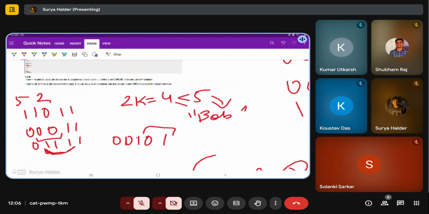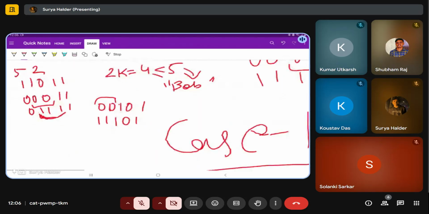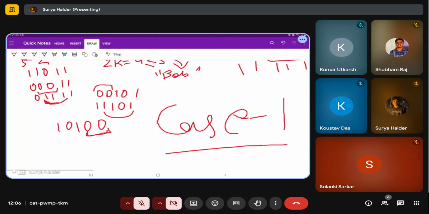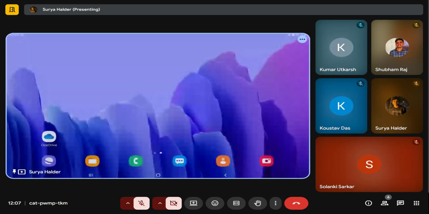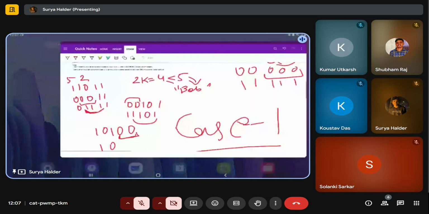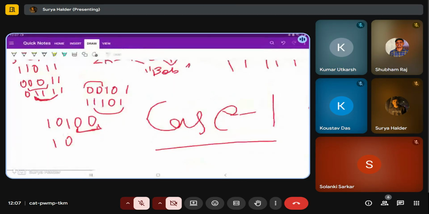Still Bob can convert these two zeros to ones. So 1, 1, 1, 0, 1. After that, Alice will again choose, suppose, these two ones, then 1, 0, 1, 0, 0. Now again Bob has two contiguous zeros that can be converted into ones. So in this way, the game will continue forever.